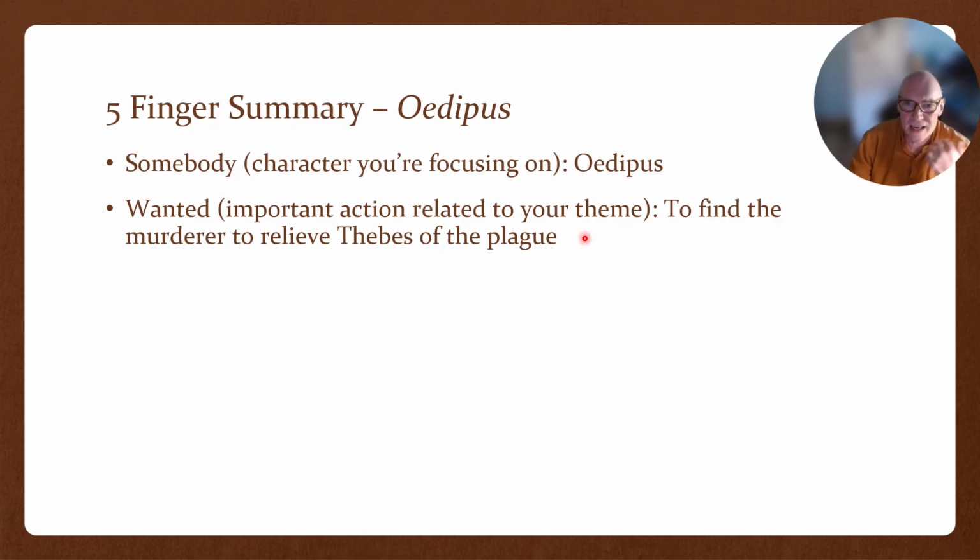Some of the details, especially with a work like Oedipus, it would be real tempting to try to weave in and out and explain how he went from being the baby to being the killer to taking over as king of Thebes. You don't have to include all of that weaving and winding detail, or talk about how he solved the riddle of the Sphinx and came up with the answer.